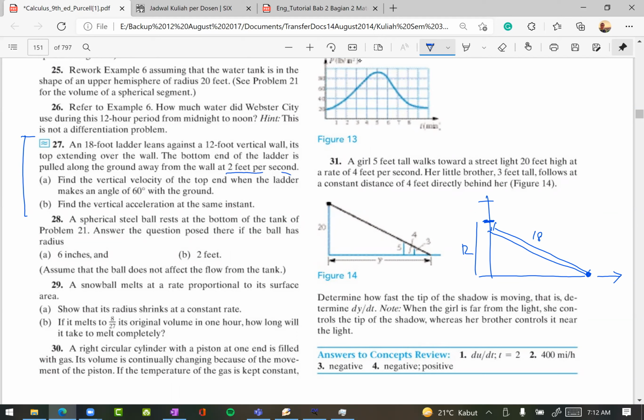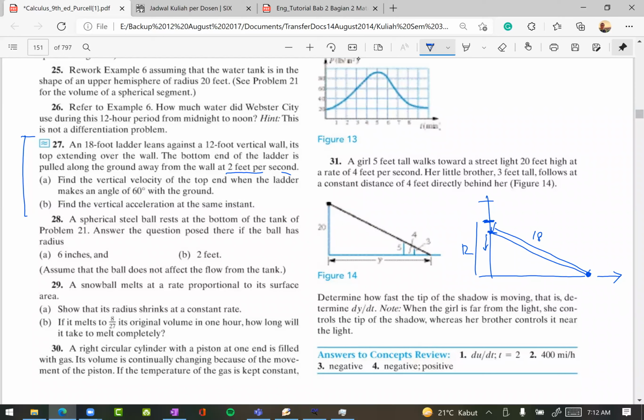So that's the situation. Of course, when you pull this to the right, the top of the ladder will move down, with some speed also.